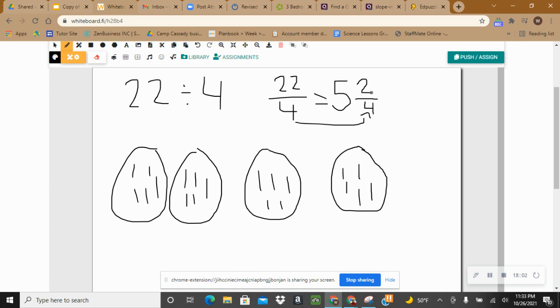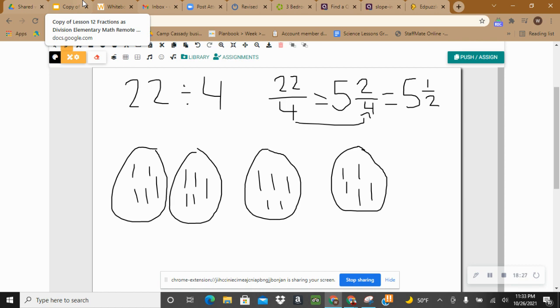I told you the denominator stays the same: 2/4. Some of you may know that 2/4 is also 1/2. So this is going to be 5 and 1/2. All right, if you got that, good job. Now you're finished with pages 31 and 32.